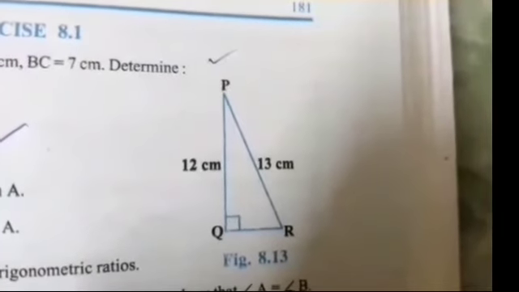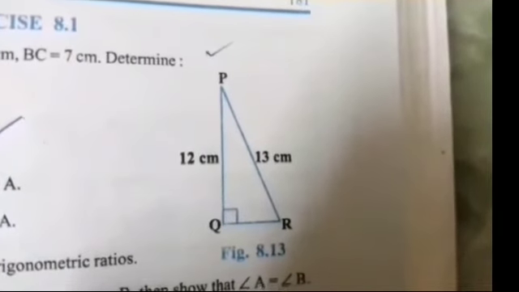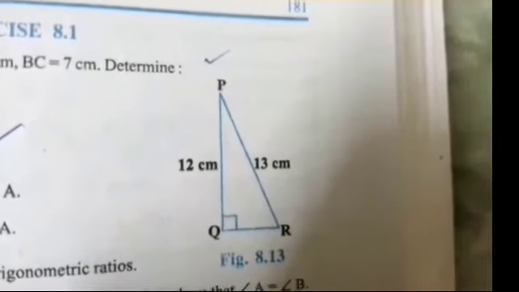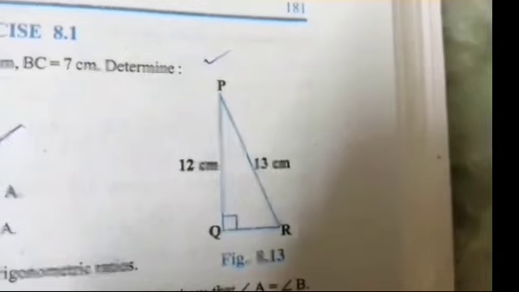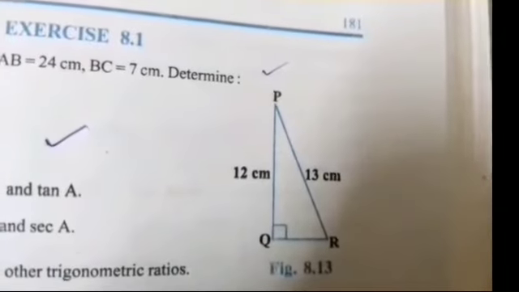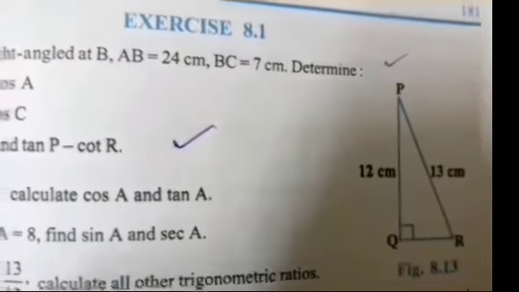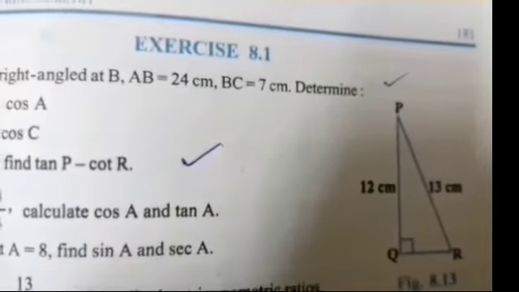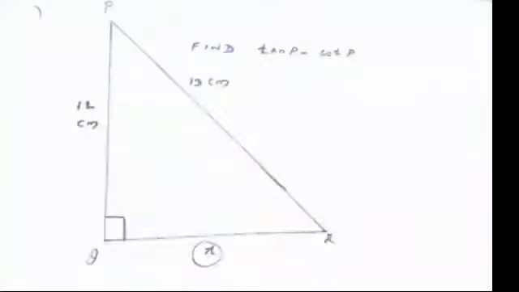In this problem, first you have to find the side QR, then based on the angle at P, you have to find tan P, then based on the angle R, you have to find cot R, then subtracting tan P minus cot R, we can get the value.